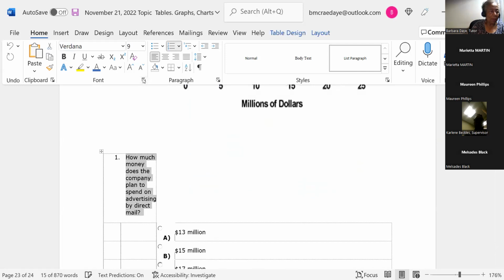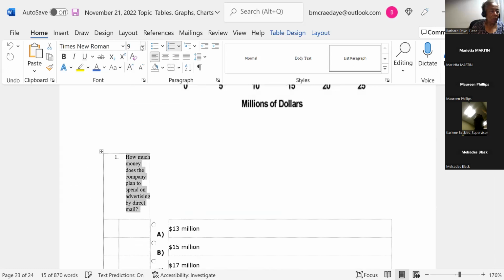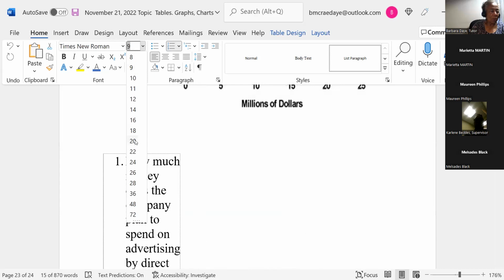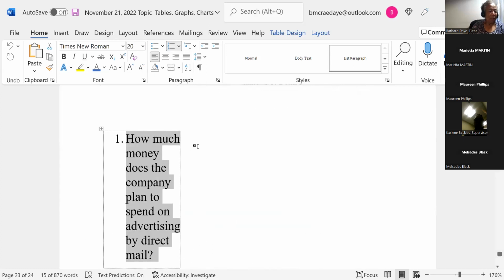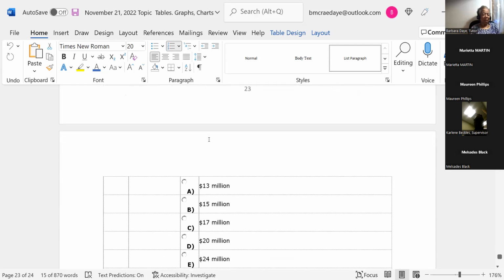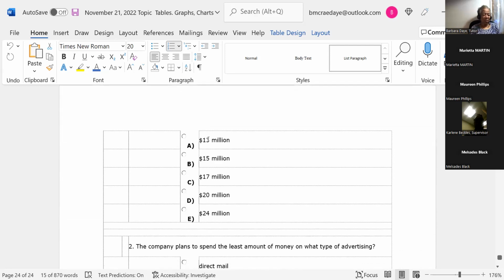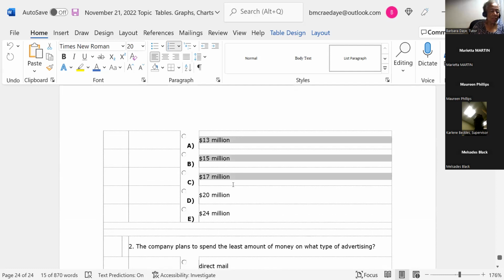Let me make that bigger. How much does the company plan to spend on advertising by direct mail? And you have your choices here. I want you to tell me which one of these is correct.